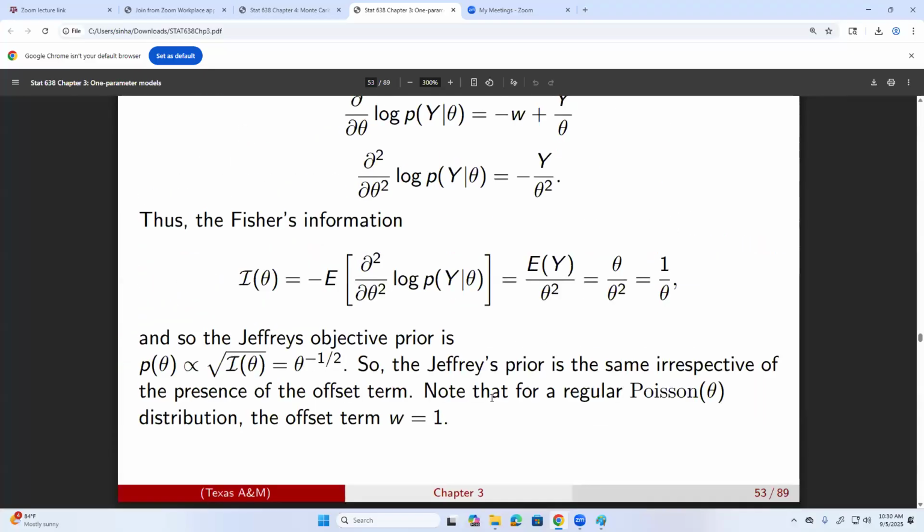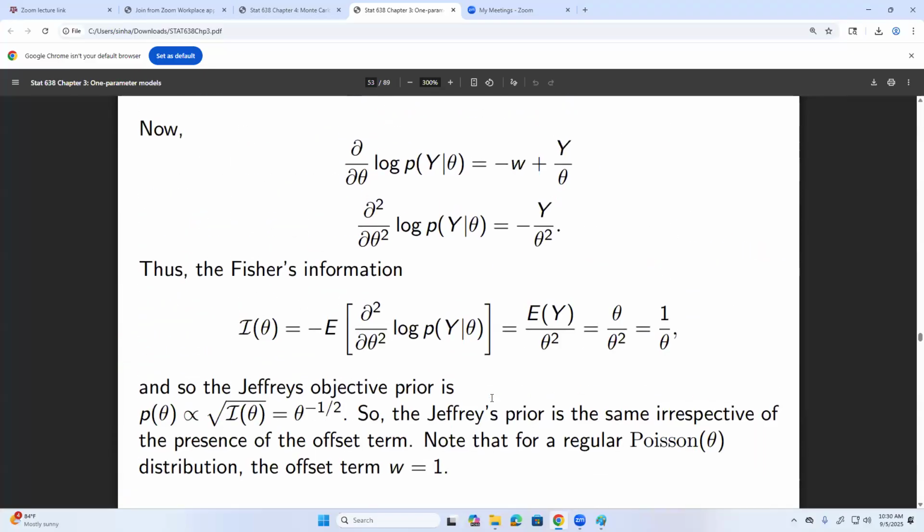So for working with this problem, if you use Jeffreys prior, you will multiply your likelihood with this prior distribution, then obtain the posterior distribution, and then make inference.